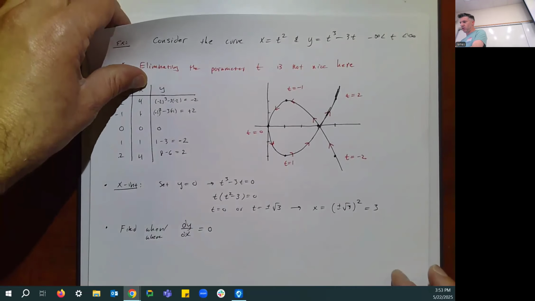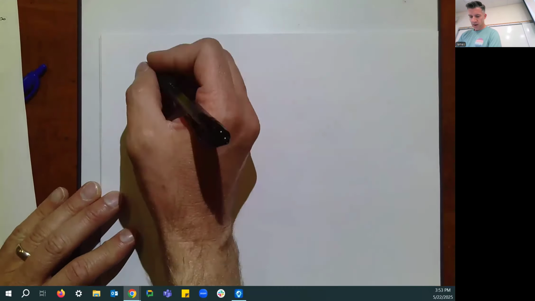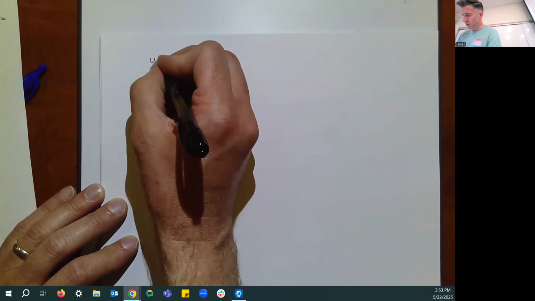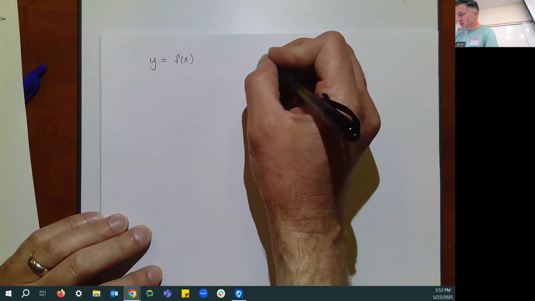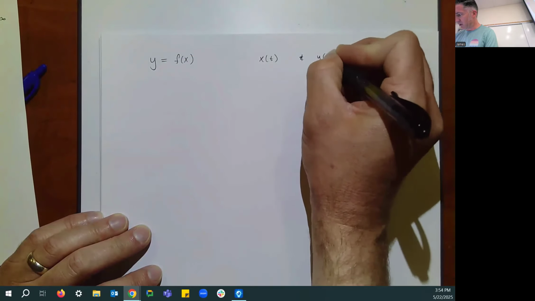So yeah, let's go. Then we'll leave some room here, just off to the side. Let's say we have y. Well, let's pretend like we could have found y equal to f of x. That relationship is out there somewhere. But we're given x is a function of t and y is a function of t.